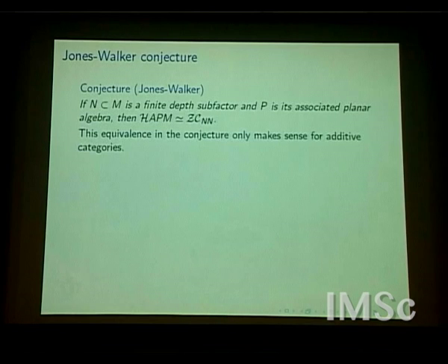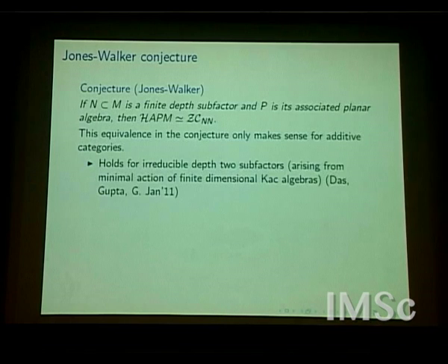So, in any case, in the beginning I actually never believed that this is true, and it was only last year that Paramita and Ved and I were looking into generalizing this result of mine from the group case to the Hopf algebra case. So, we showed in January that the conjecture is indeed true if you take irreducible depth 2 subfactors.